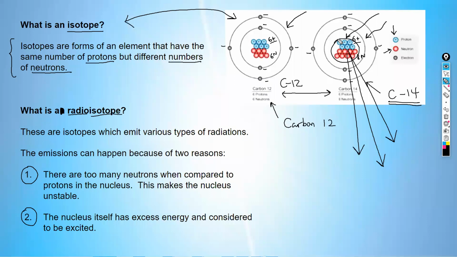Just like when a child is given too much sugar to eat, he just gets excited. He has too much energy in him. So for the exam, you have to know the two reasons why an atom might be considered, using these words loosely, sick. It becomes unstable.